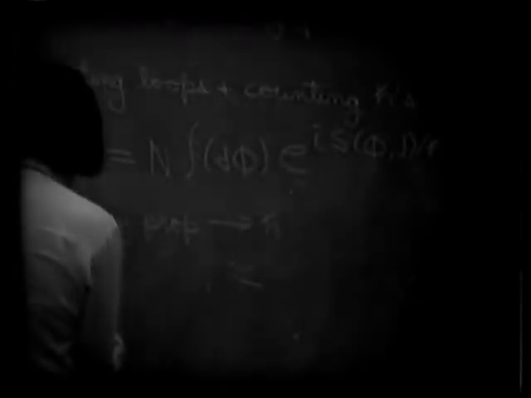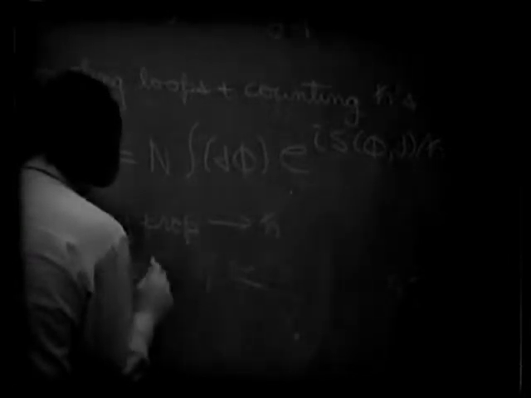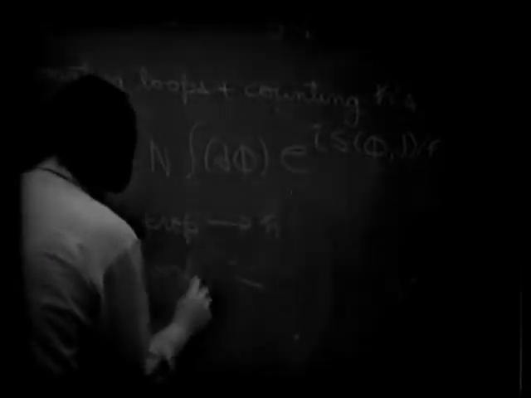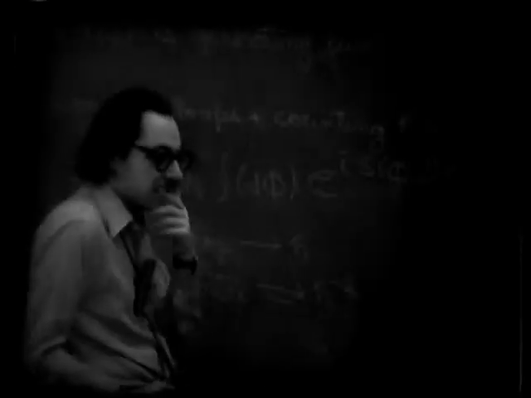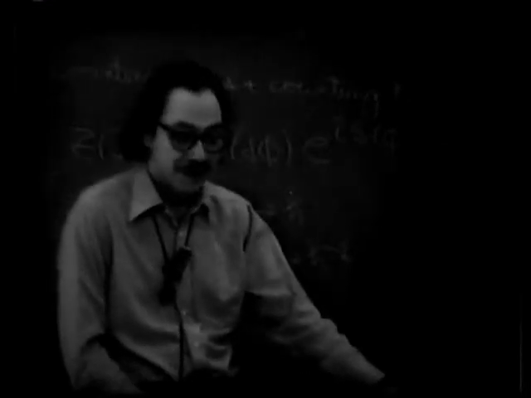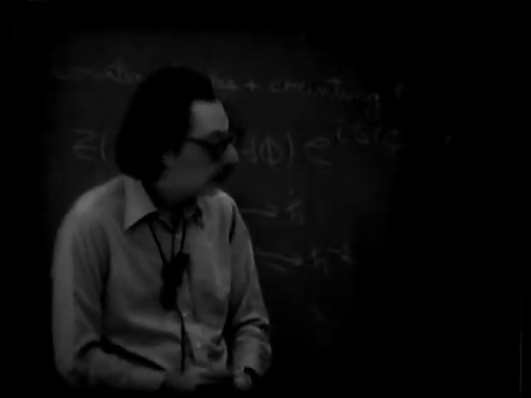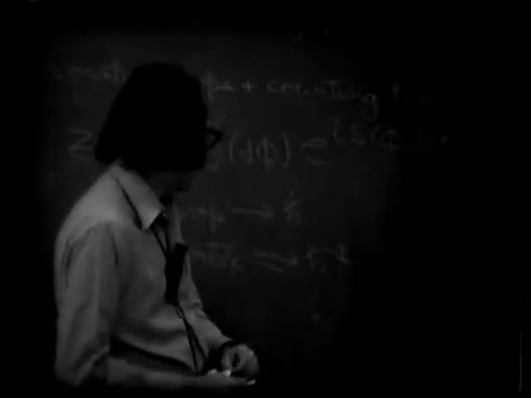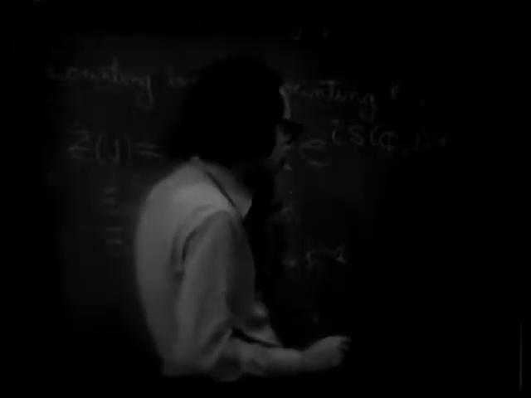Every vertex, on the other hand, will yield an h-bar to the minus 1 because the vertices are just read off from the non-quadratic part of the action, and every non-quadratic part of the action has a 1 over h-bar in it.